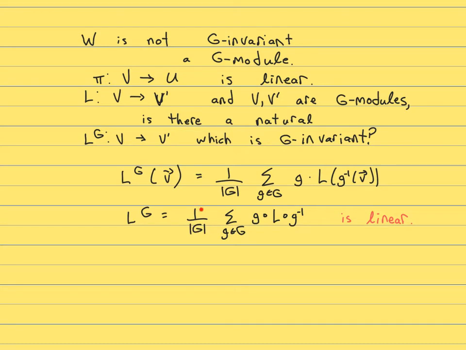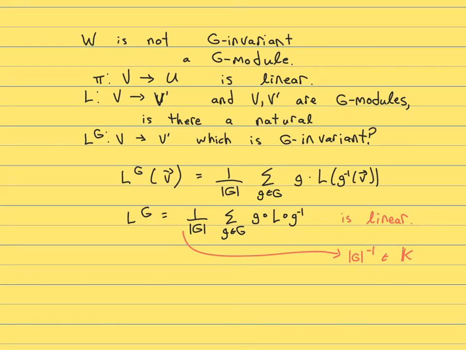Note here, this is where you have to assume that the characteristic doesn't divide the order of the group, because we're dividing by the order of the group. So note that this is assuming that this element exists in your field. And that only happens if the characteristic of your field doesn't divide your group.